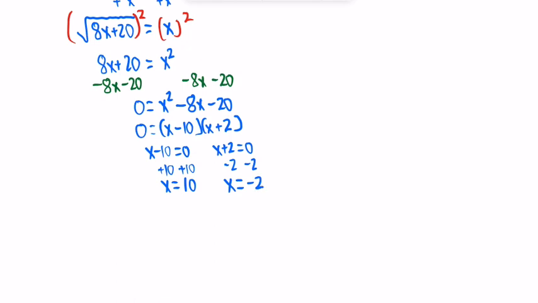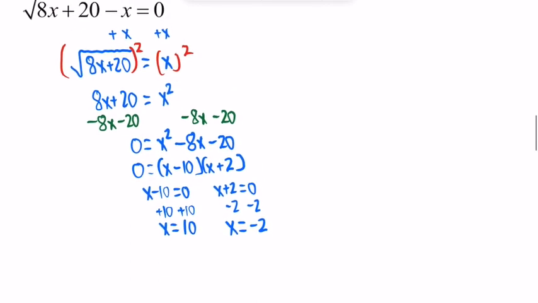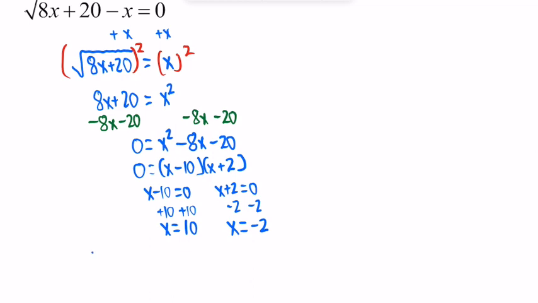Now to check these, one at a time, we're going to put them in the original equation for x. So when we put 10 in for x, we have the square root of 8 times 10 plus 20 minus 10 is equal to 0.